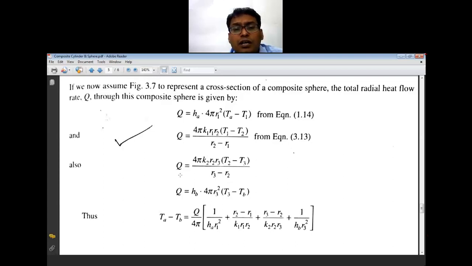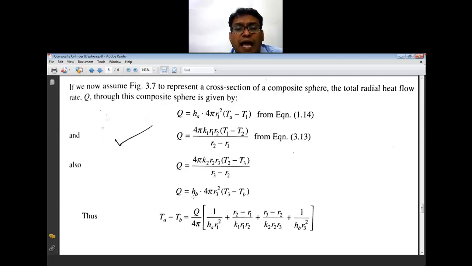Then the heat flow into the second sphere, that is 4 pi K2 into R2 and R3 into the temperature difference, where the inner is T2, the outer is T3, and the difference in the radius is outer radius minus inner radius.